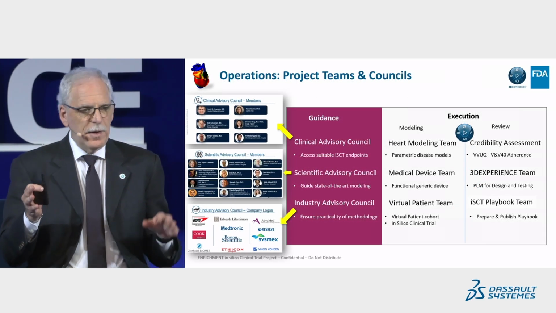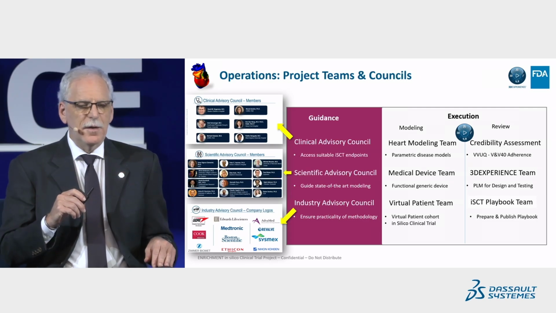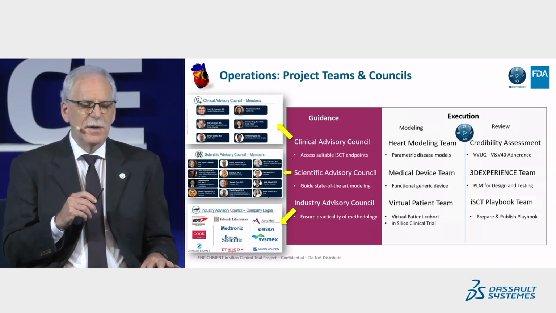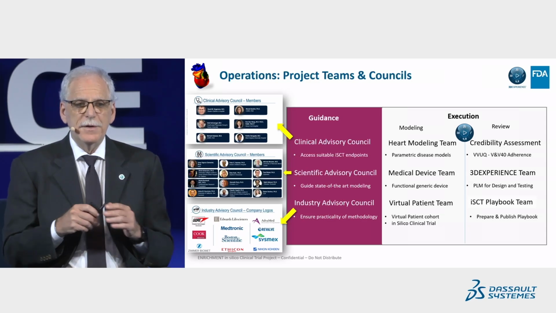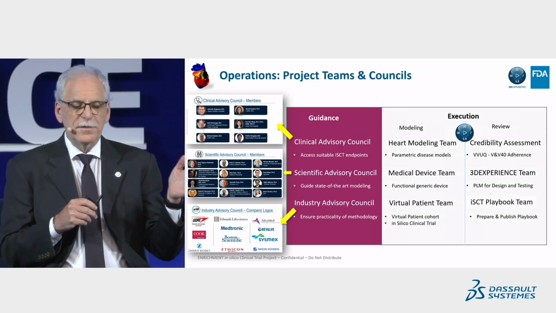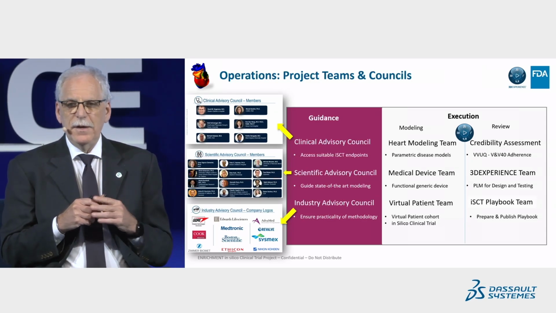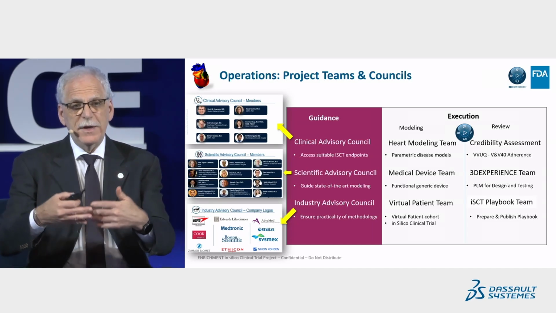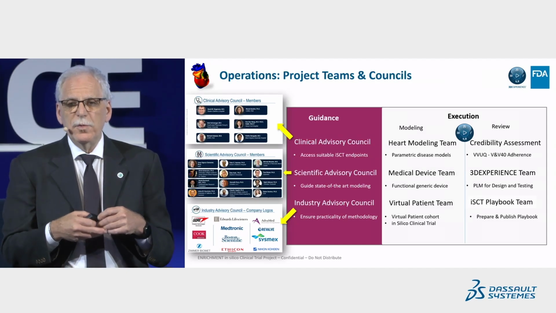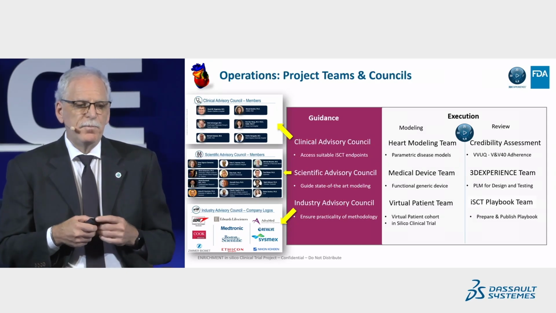So I alluded to, I apologize for this very crowded slide, but this information is all available. We have representatives from 2 of the 3 councils. We organized a clinical council, a scientific advisory council, and an industry council to make sure we had the clinical perspective, that it really represented what a clinician would observe, what they would see.